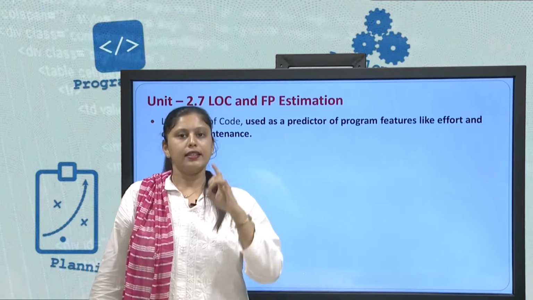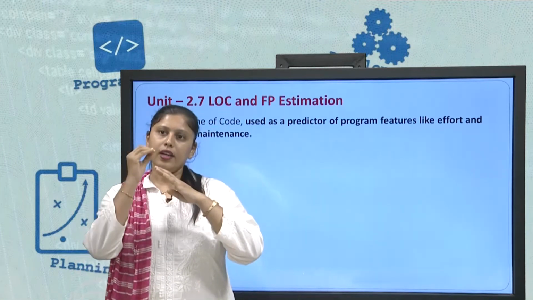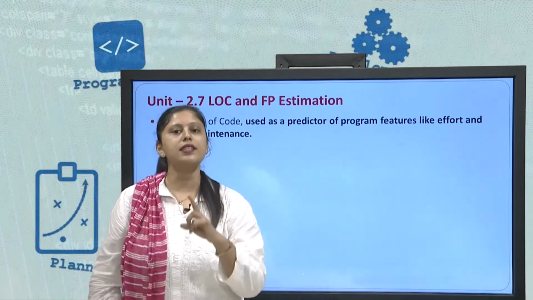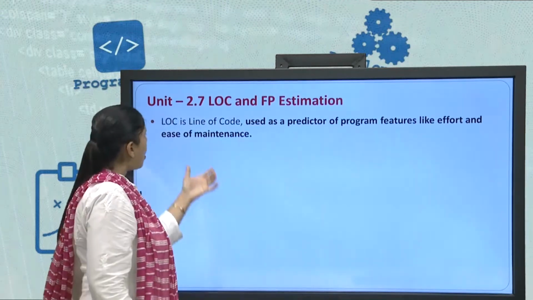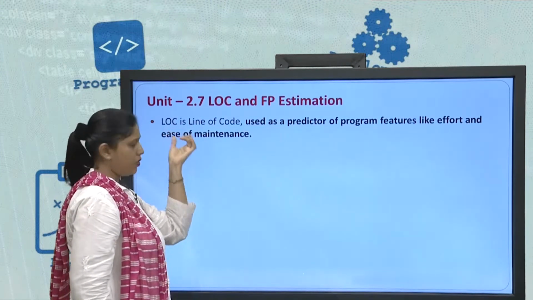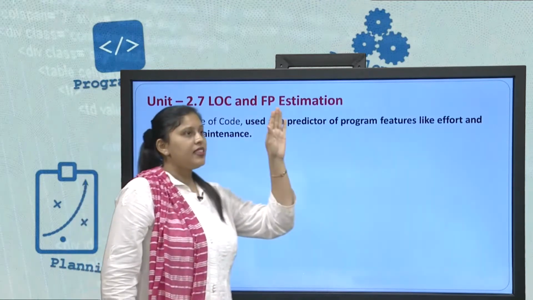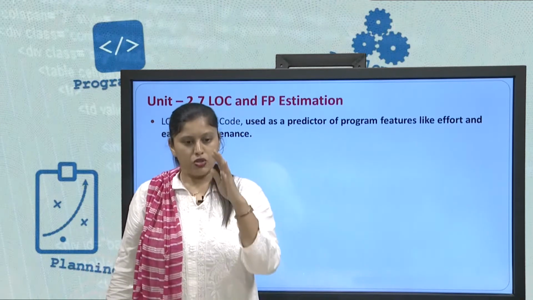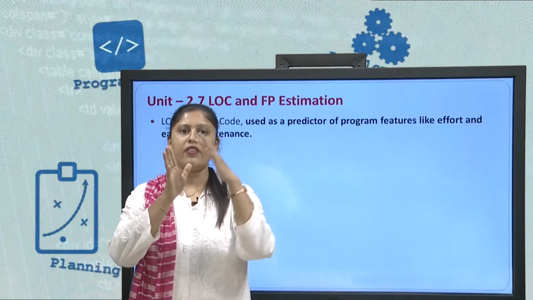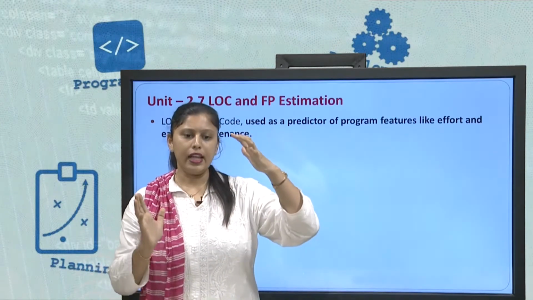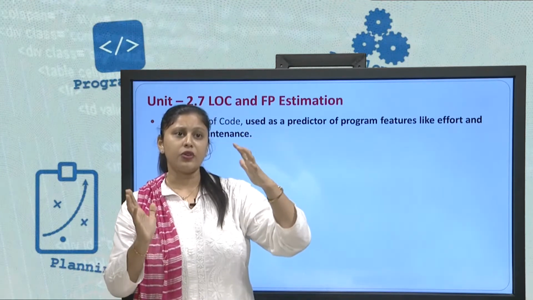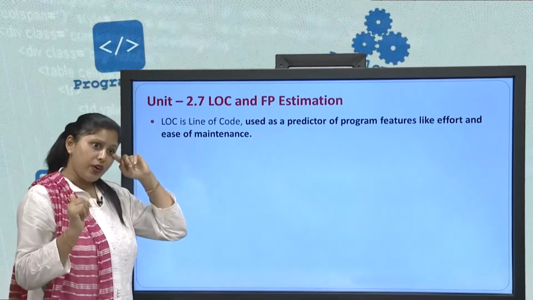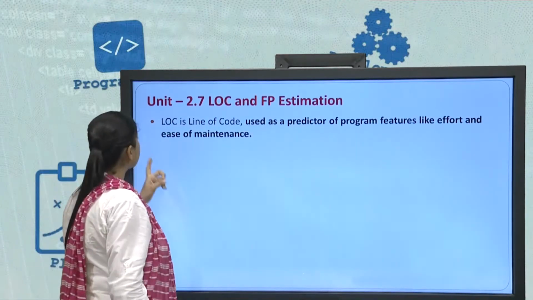There I said that the number of lines I put into my software is called lines of code, which we commonly call LOC. And FP counts the functionalities within my software. For example, if my software has 11 functionalities, those 11 functionalities are counted as my FP metrics. So, let us now move deeper into that.